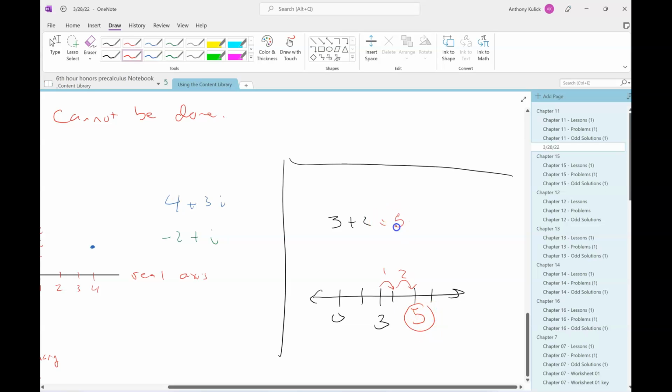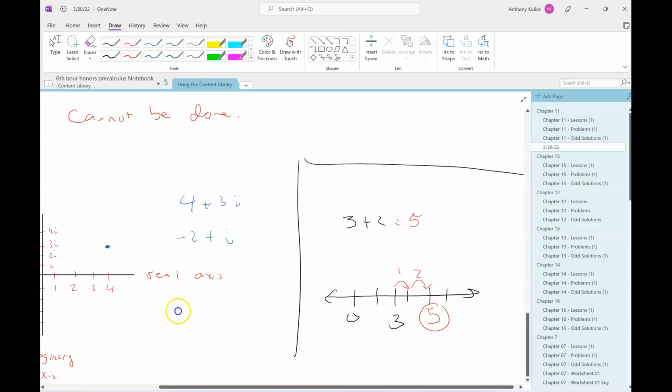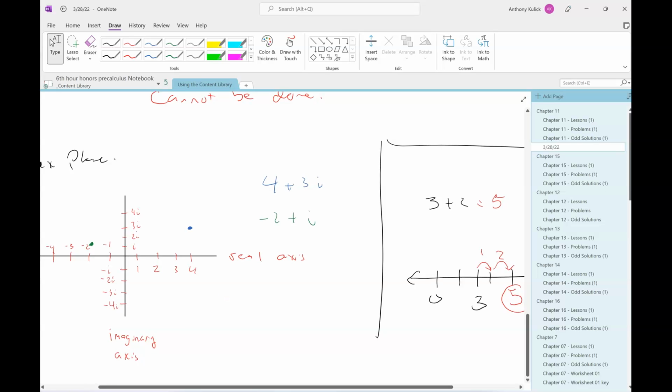So you knew that was equal to 5, right? Does this look familiar? Basic, early elementary school, this is how we add. It's basically just counting.